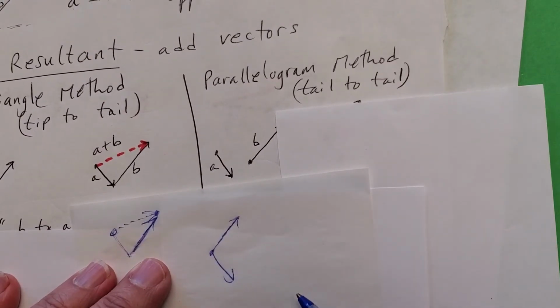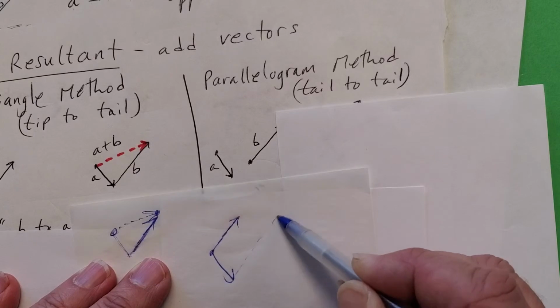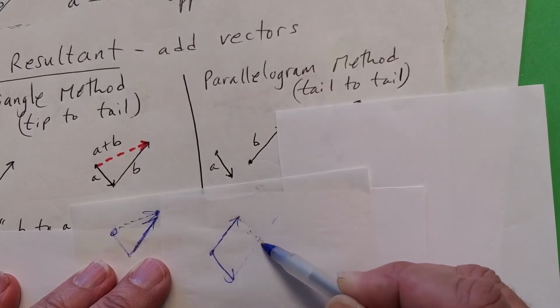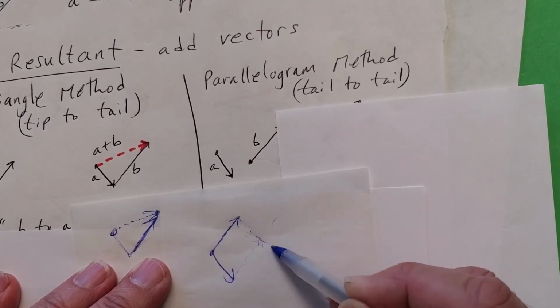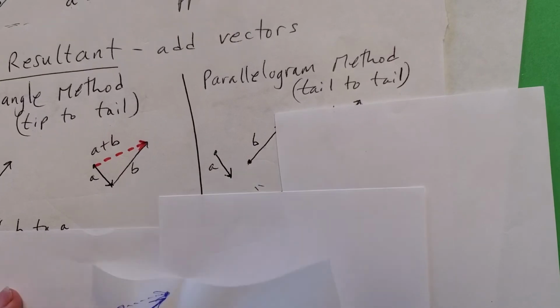Now I'm going to create a parallelogram, right? So like that, and it's got to be a perfect parallelogram, right? Parallel, parallel, parallel, parallel. So what? Well, if you draw the diagonal, that will be the resultant.